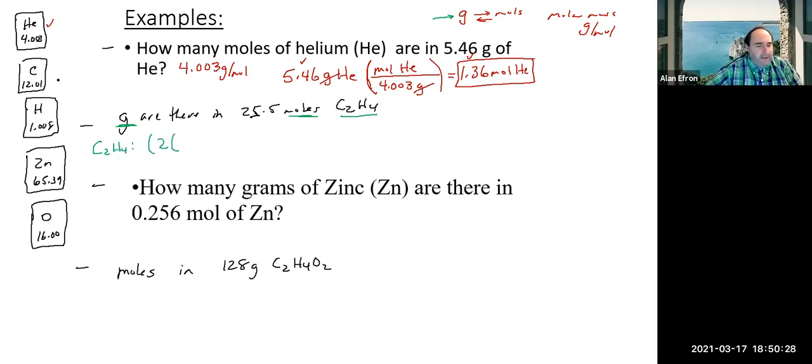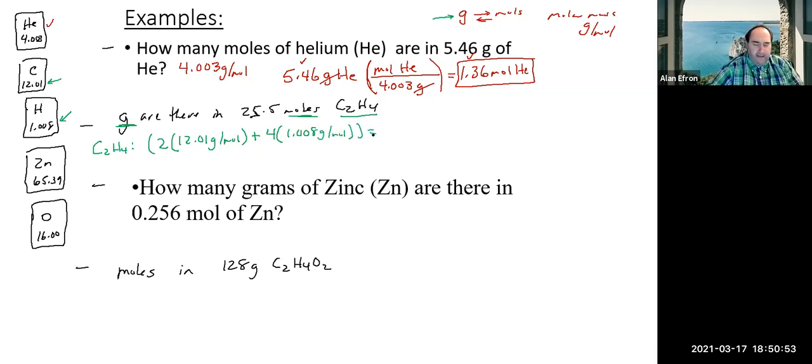Again, going to the periodic table, we see carbon is 12.01 grams per mole. We would then add that to our other guy, which is 4 hydrogens. So 4 times hydrogen's molar mass, which is 1.008 grams per mole.